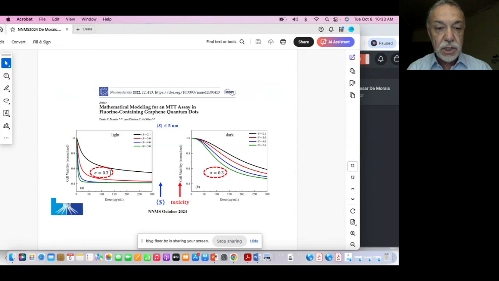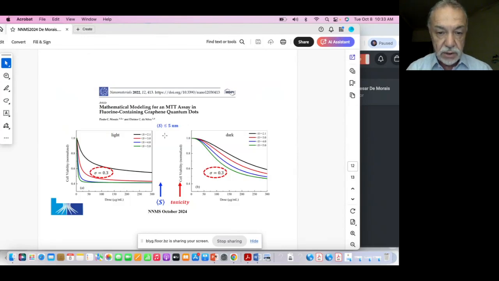I can do the same analysis by simulating what is the impact of the mean size. So here I fixed the size dispersity at 0.3. And then I want to explore how the system develops if I increase the mean size from 2.1, which is typical of the sample we analyzed, up to 5 nanometers.